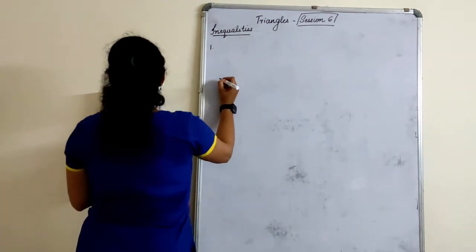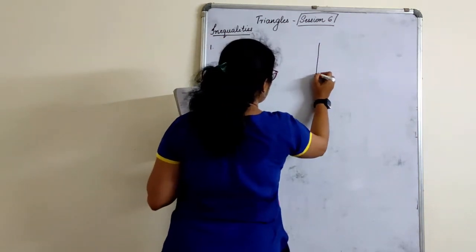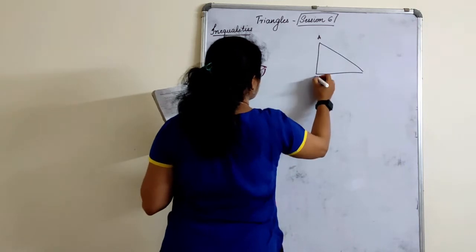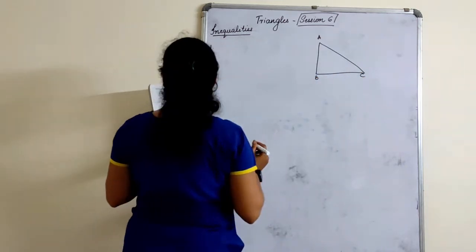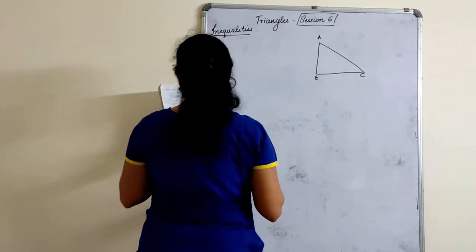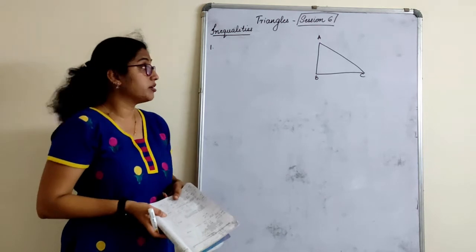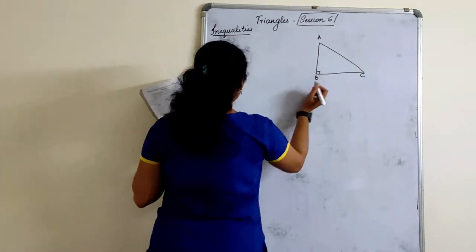Exercise first one: show that in a right angle triangle, the hypotenuse is the longest side. Figure is not given, so let's draw. We know that it is the longest side, but we have to prove it.